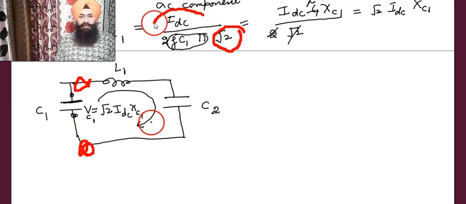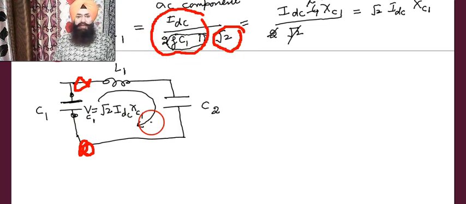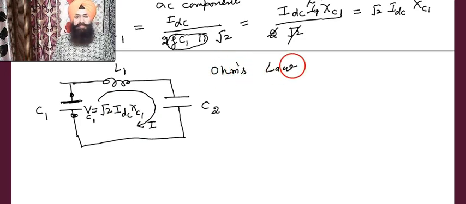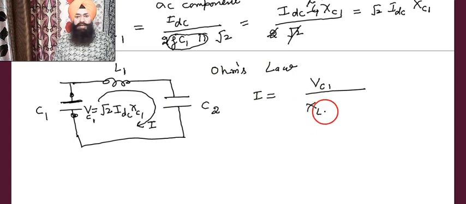When you divide the peak value by root 2, you will get the RMS value. So this RMS voltage is there between the 2 points. This voltage will produce a current in the closed loop. By Ohm's law, we will find that current.